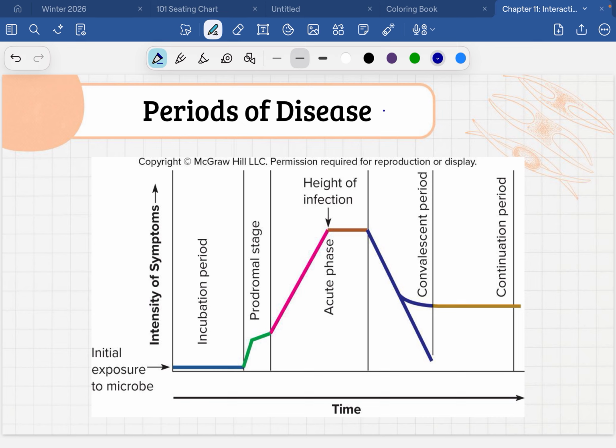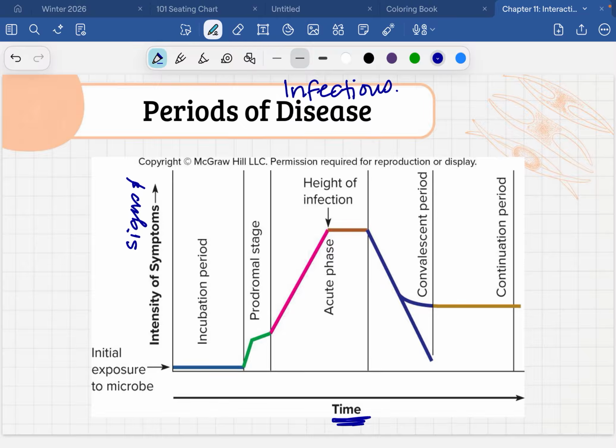So this is periods of infectious disease, particularly, because we're looking at what happens when a microbe infects a human body. And what we're looking at here, just in terms of our axes and what our graph is showing, is along the x-axis, we're looking at the passage of time. And then on the y-axis, we're looking at the intensity of signs and symptoms, not just symptoms.